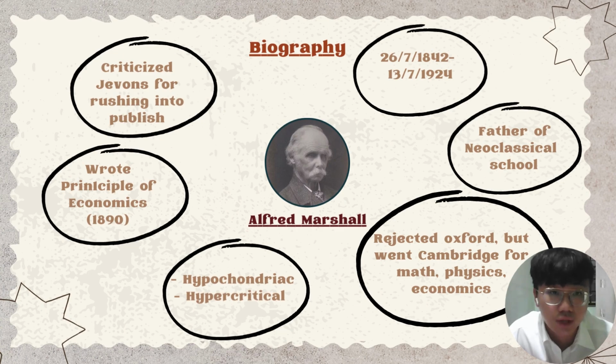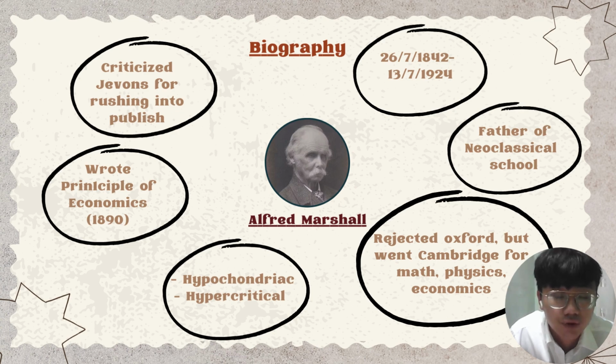Okay, let's move on to the biography of Alfred Marshall. Alfred Marshall was born on 26th July 1842 in London and died on 13th July 1934. He is well known as the father of neoclassical school, as he is the one who developed it. Alfred Marshall rejected Oxford but went to Cambridge to study maths, physics, and economics.